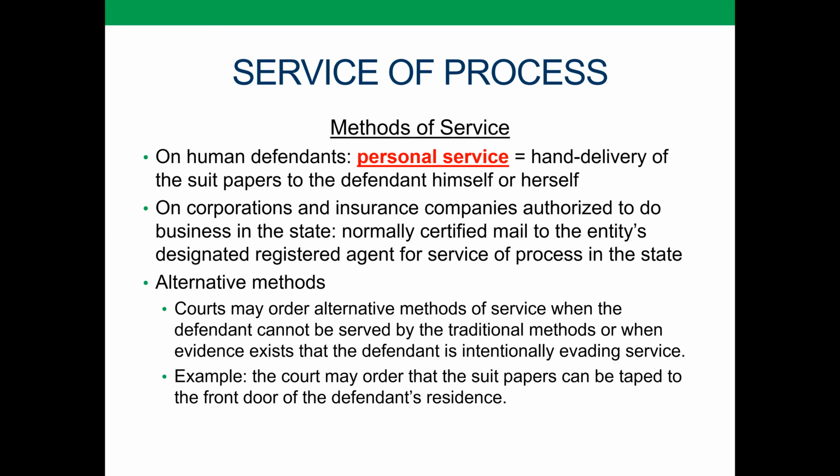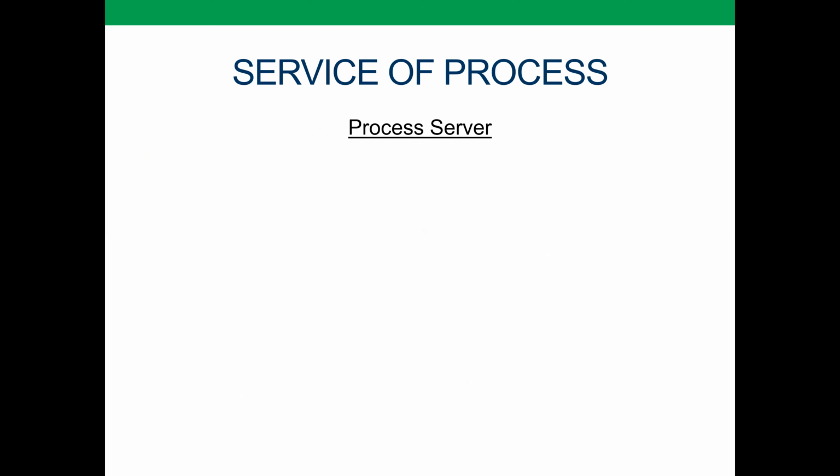But again, to do that, you would need a court order authorizing it. You don't need a court order for personal service or sending certified mail to a corporation or insurance company's registered agent. But for alternative methods, you do have to file a motion with the court and explain why you need it, and the court has to approve it.